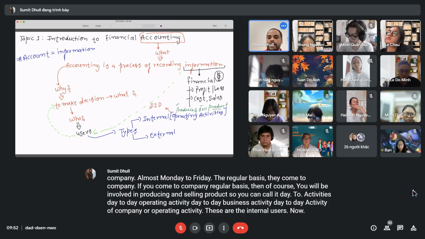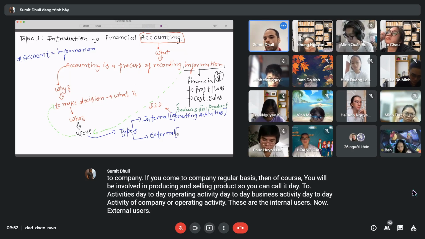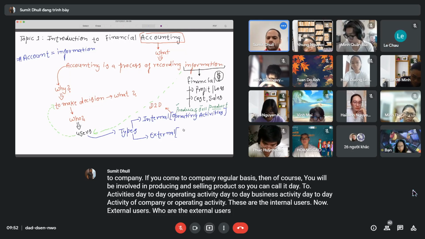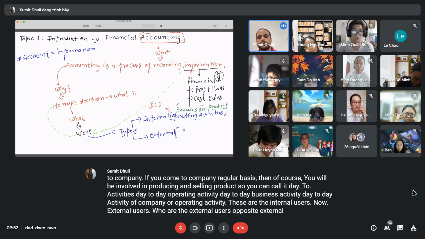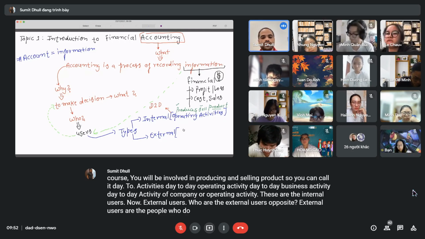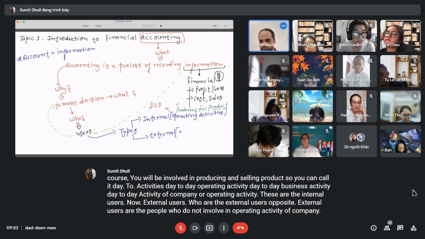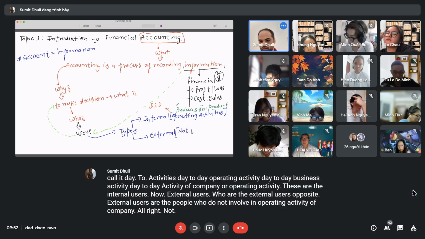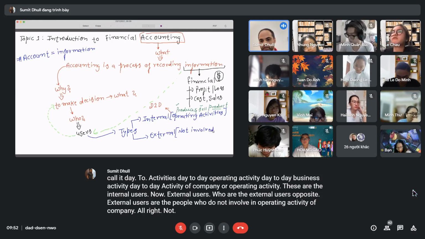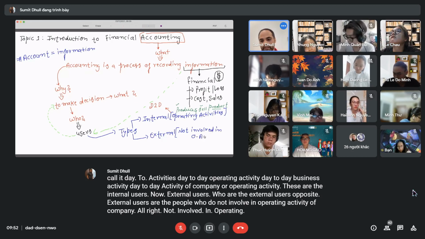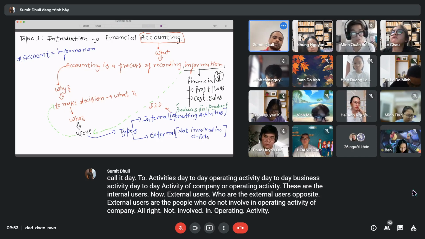Now, external users. Who are the external users? Opposite. External users are the people who do not involve in operating activity of company. All right. Not involved in operating activity. All right.